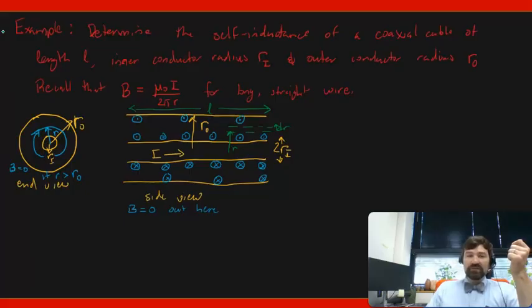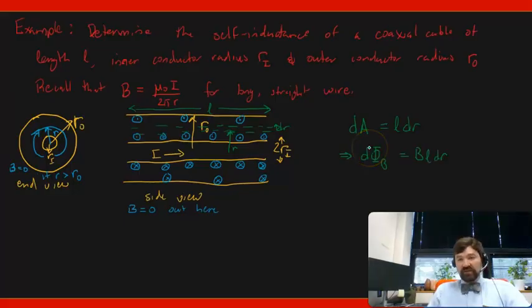And so if I wanted to write a dA vector, dA would be dr times L. It's basically like a long thin rectangle of height dr and width L. This lets us calculate what our d phi b term would be, and so in turn this is basically like B times L dr.